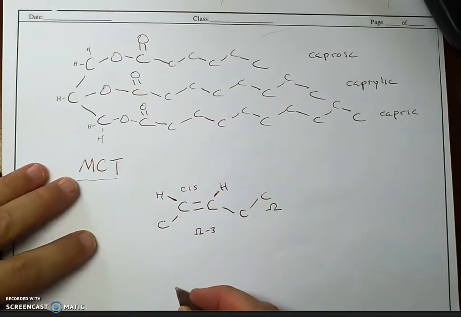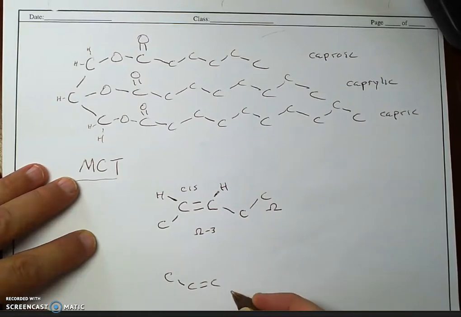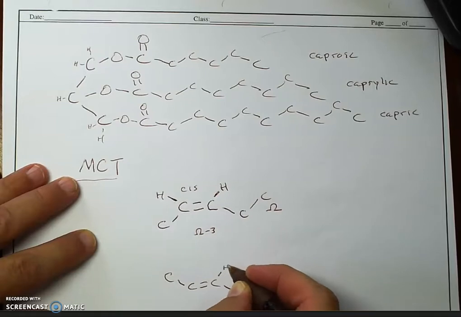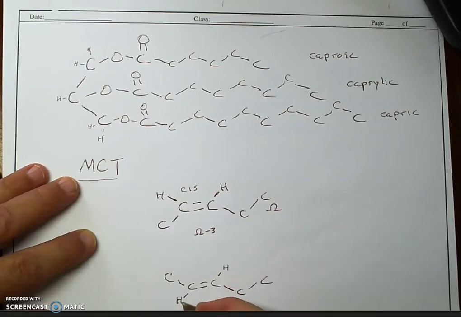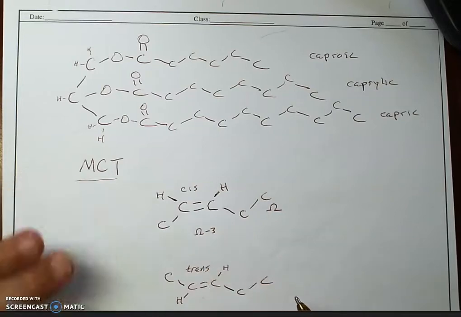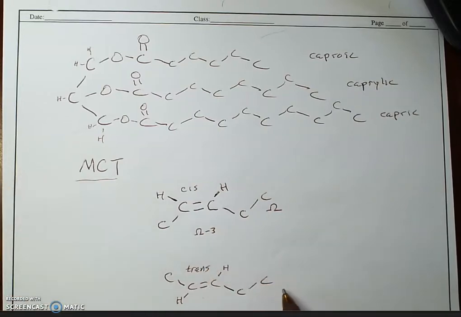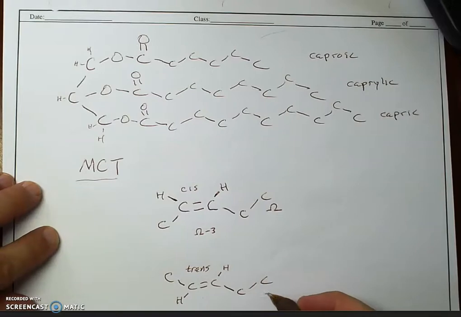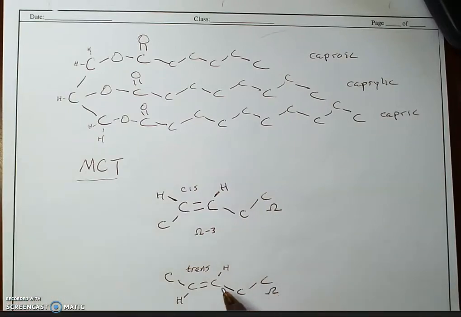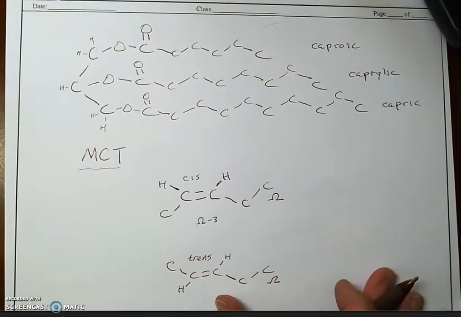And if the chain continues on and the hydrogens are across from each other like this, that is called a trans orientation. So this is still omega-3, assuming this is our omega carbon, but it has the trans orientation to it.